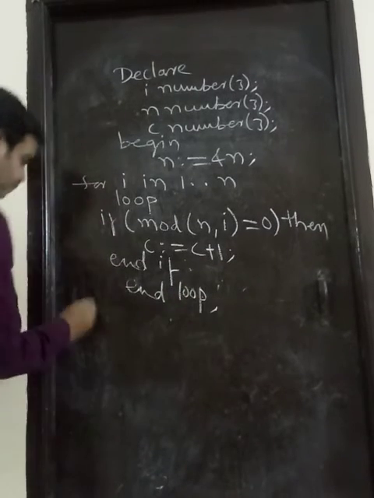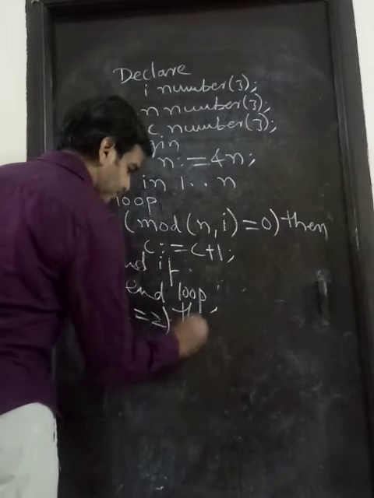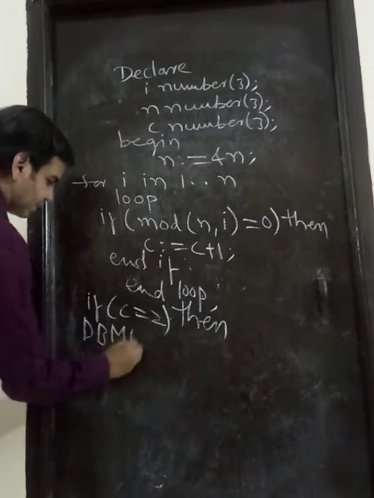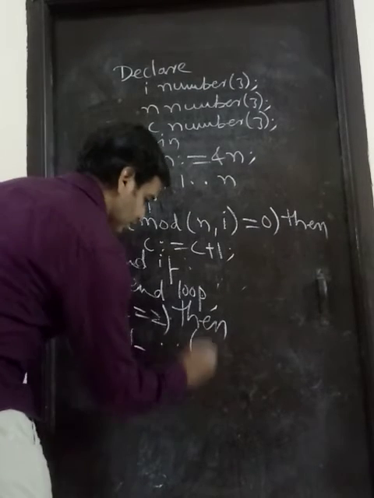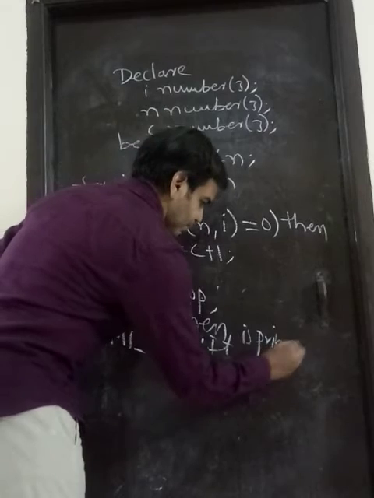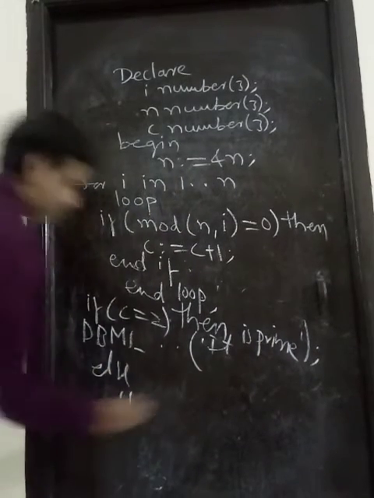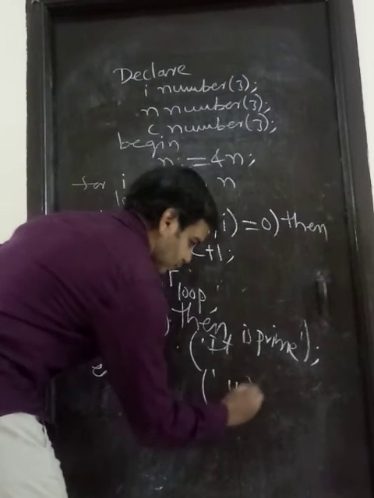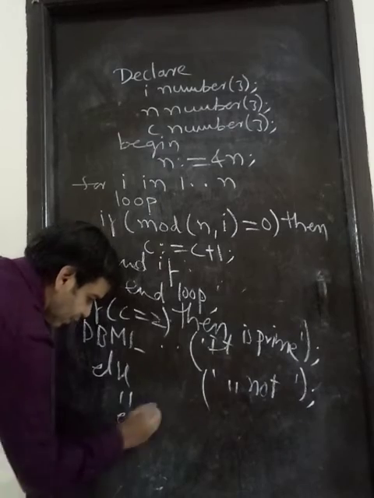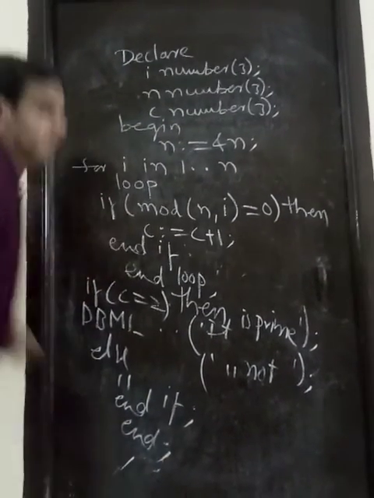Then if c is equal to 2, then dbms_output.put_line, it is prime, otherwise else, it is not prime. So the if is terminated with end if, and the program terminates with end slash.